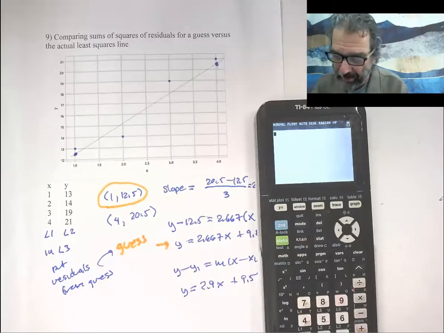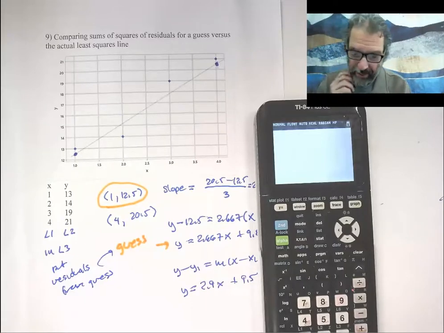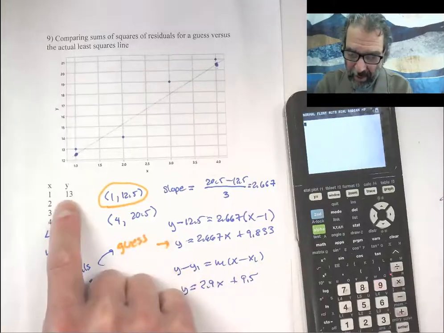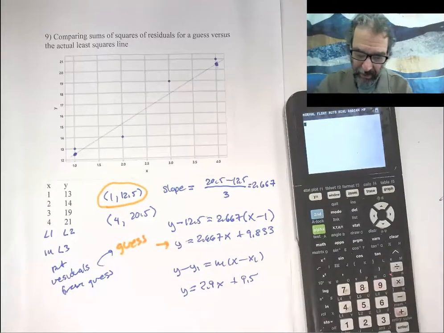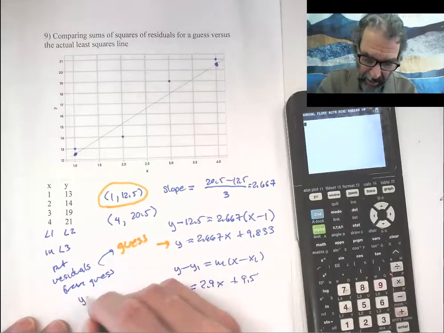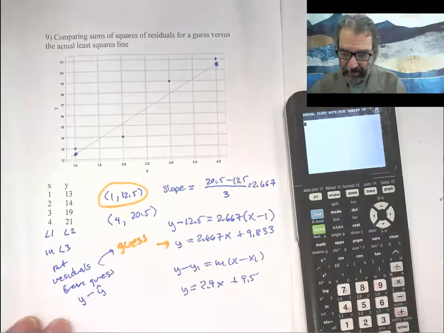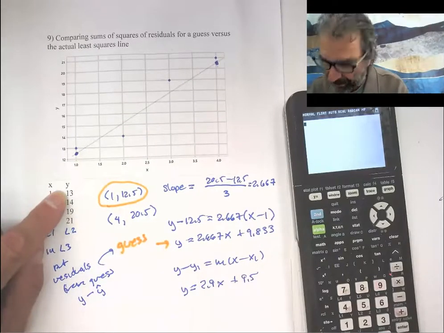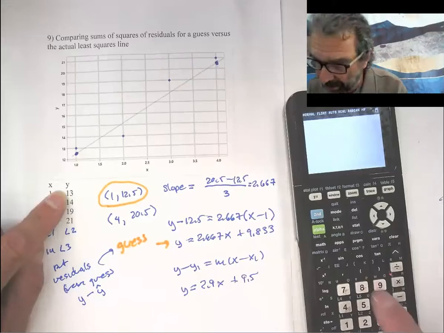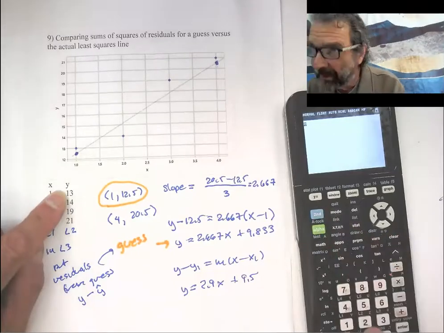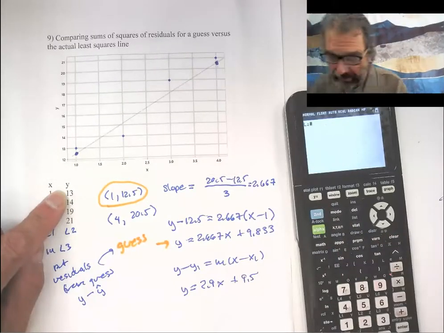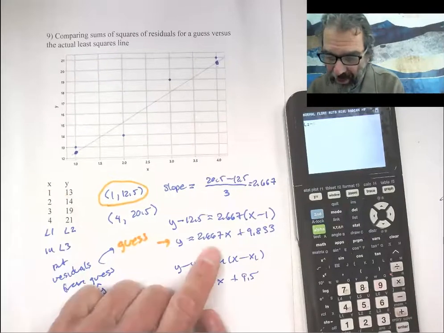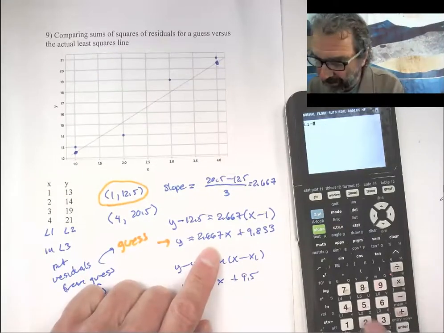Here we go. How do you get them? Well, you take the y's. They are y minus y hat, like that. The y's are in list 2. I'm thinking hard now. So I'm going to go second to list 2. That's the y. And I'll subtract off the equation applied to list 1.